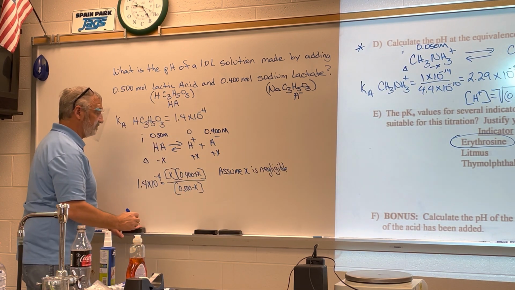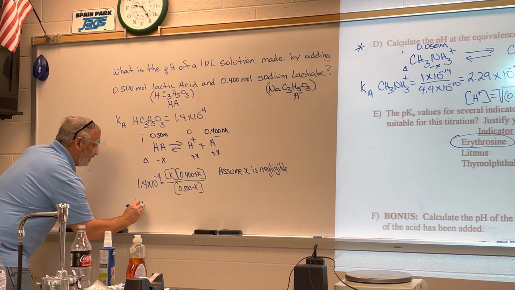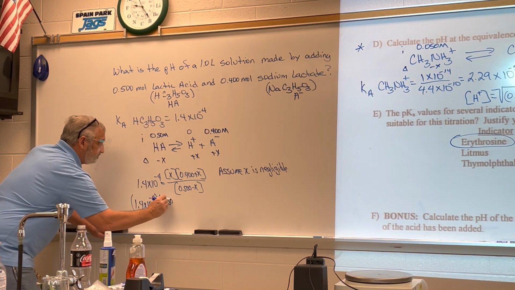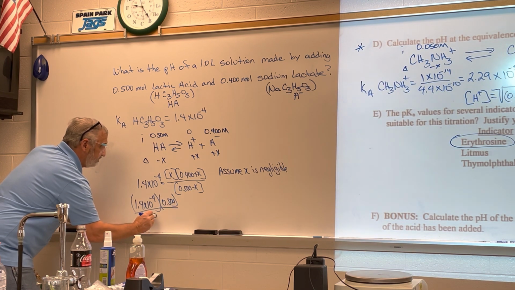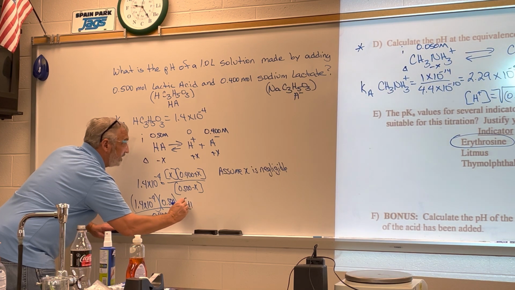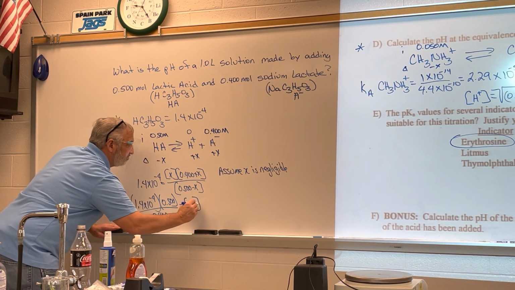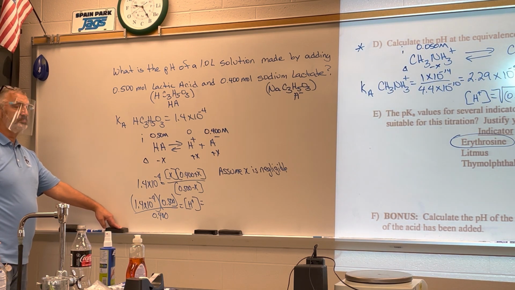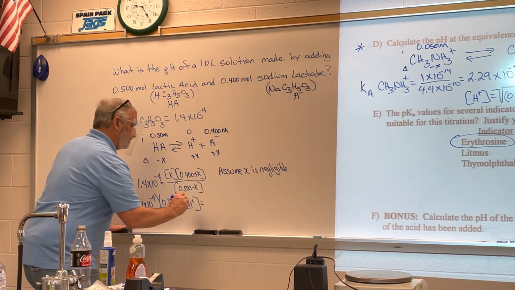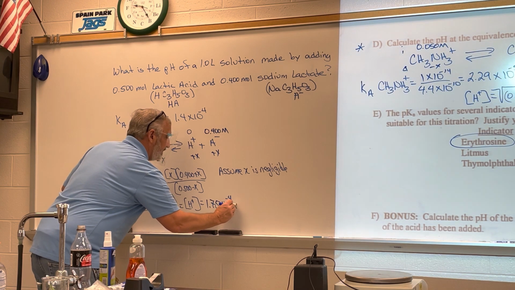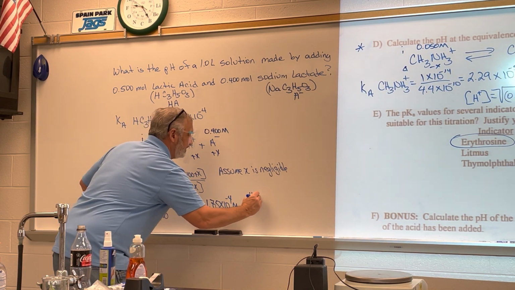So therefore it's going to be 1.4 times 10 to the minus 4th times 0.5 divided by 0.4 is equal to H plus. Uh, 1.75 times 10 to the negative 4. So then pH is equal to the negative log of that.